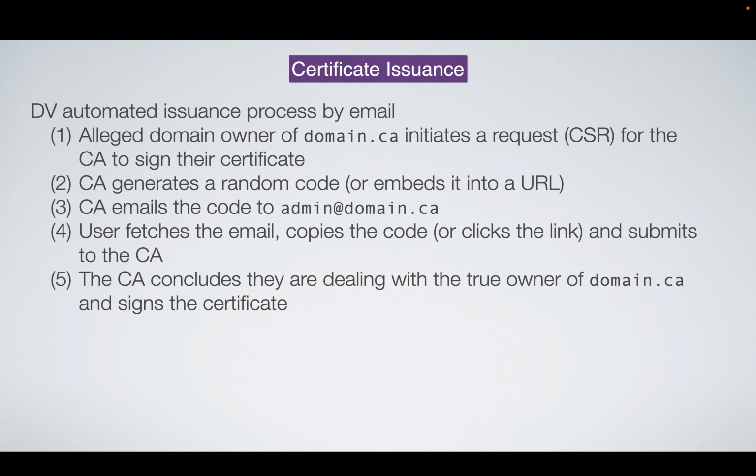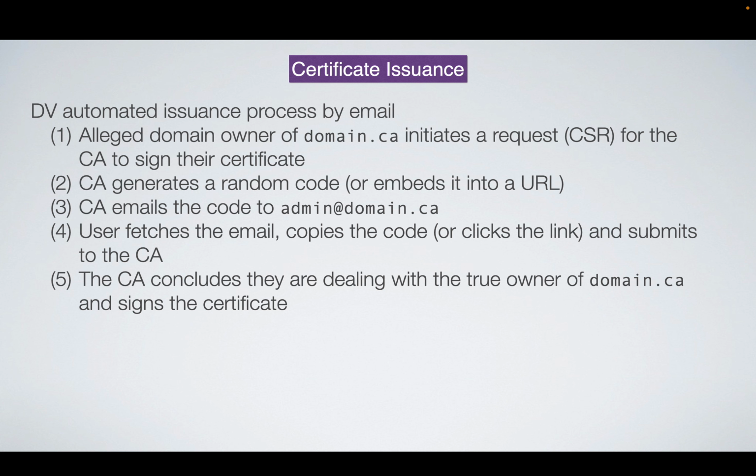Okay, so let's start with the email address itself. So spoofing, what does spoofing mean? I know what spoofing means, but what do you have in mind more precisely? Asking for the code as the supposed email that should receive it. Okay, I didn't explain this well. The fact that it decides to send it to admin@domain.ca is the CA's choice.